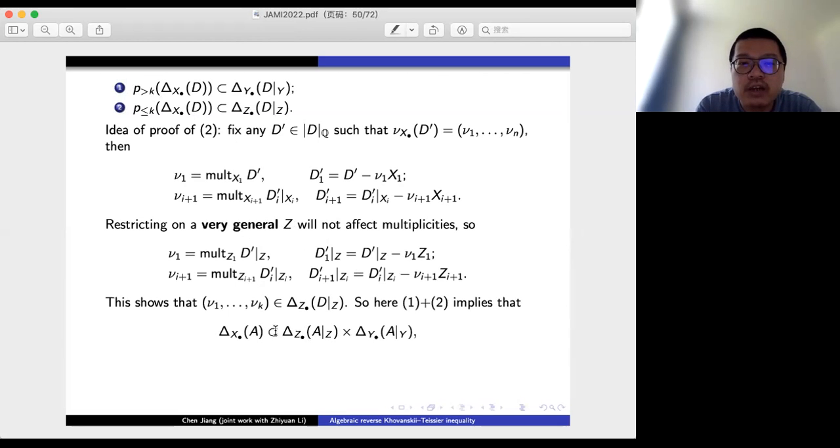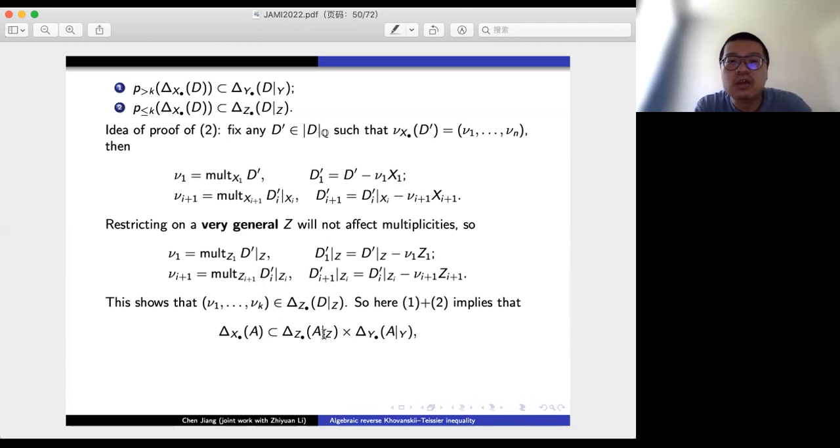Especially we can show that, oh sorry, here should be D, right? So the Okounkov body of D is contained in the product of the restriction of D to Z and Y.